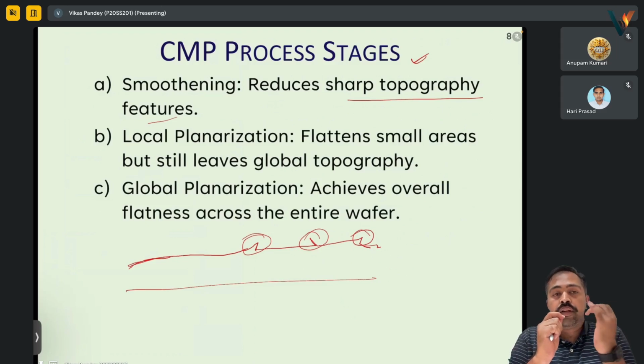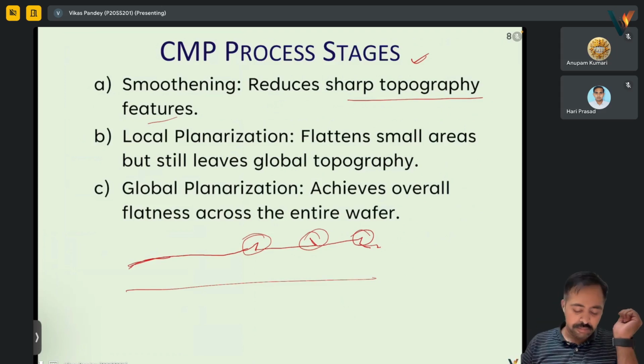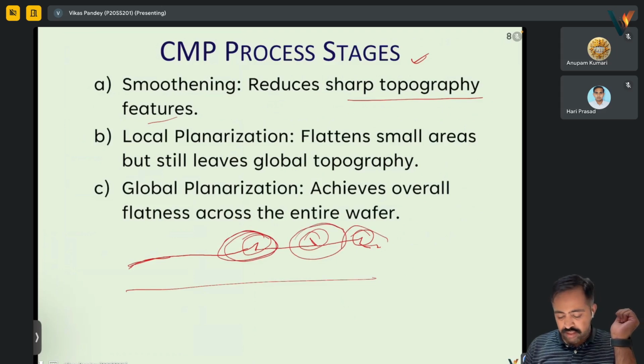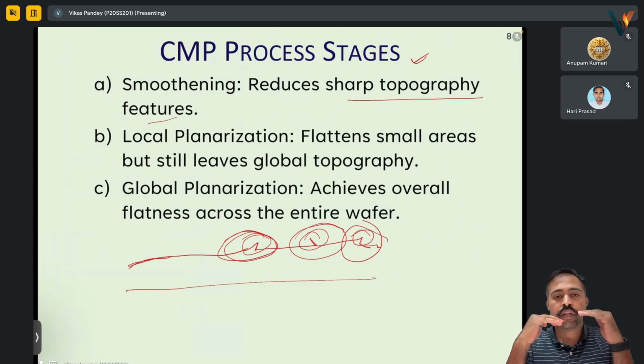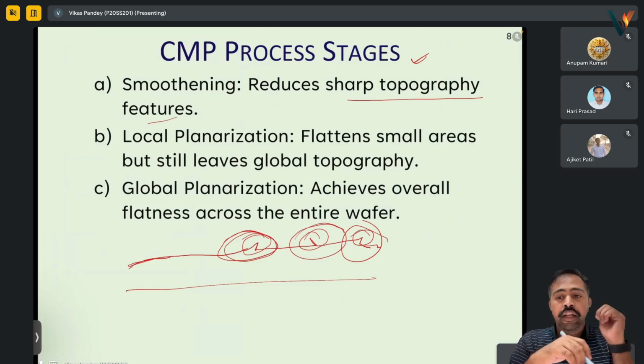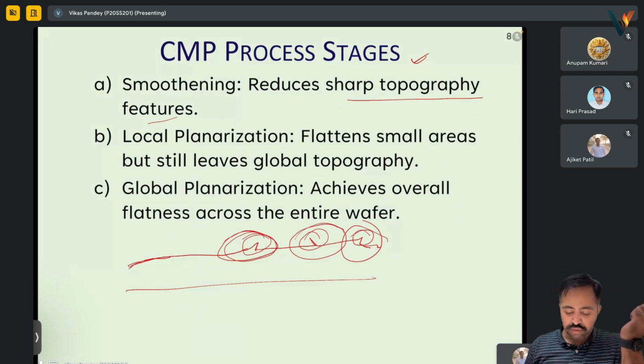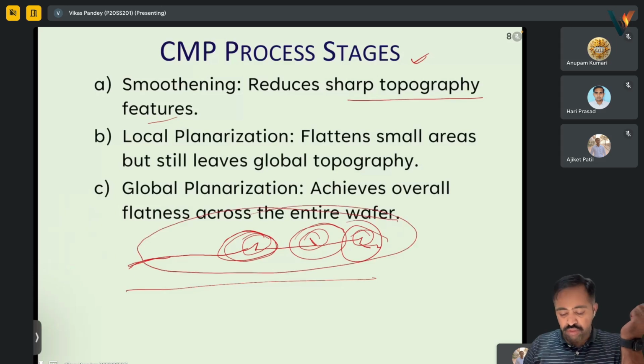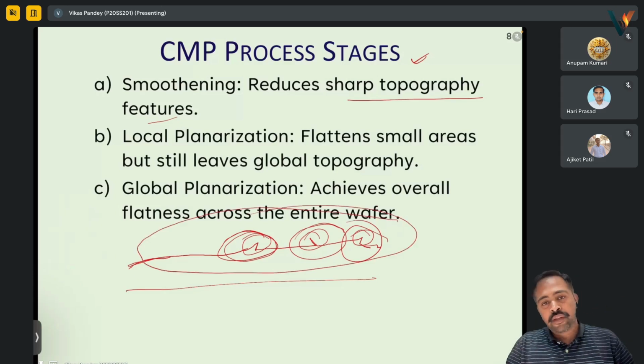Then second, what we will do is local planarization. That means a small area is planarized first to get an almost flattened surface. Then a global planarization will be used. So the next is that the whole surface will be planarized in one go.